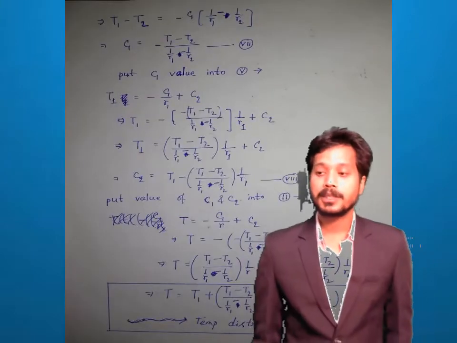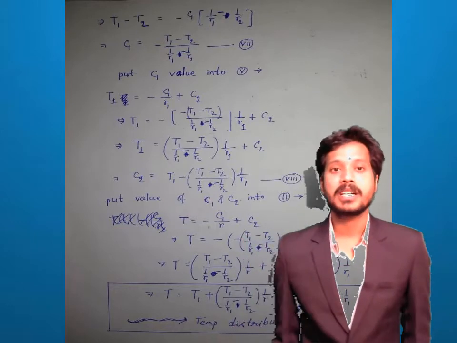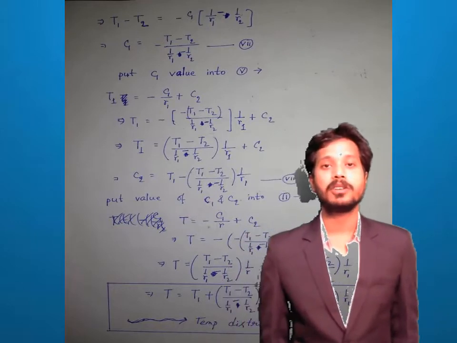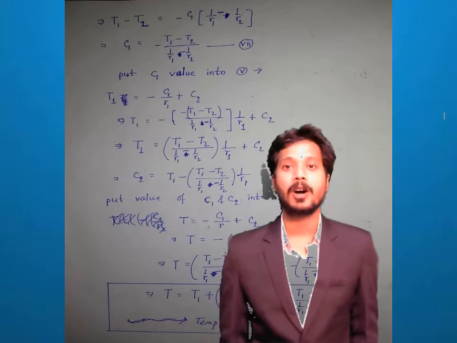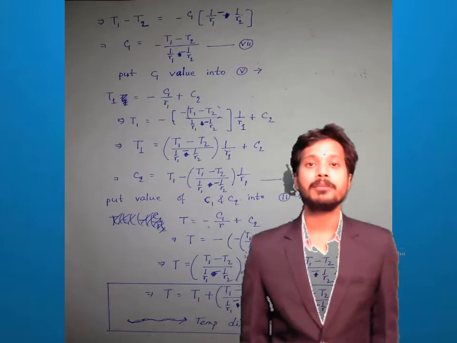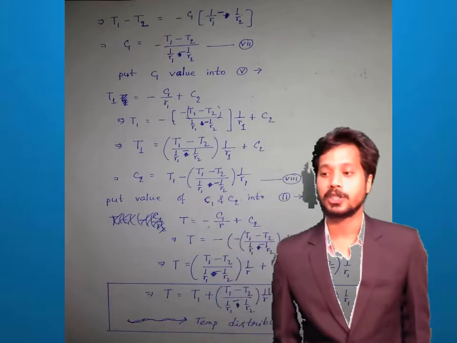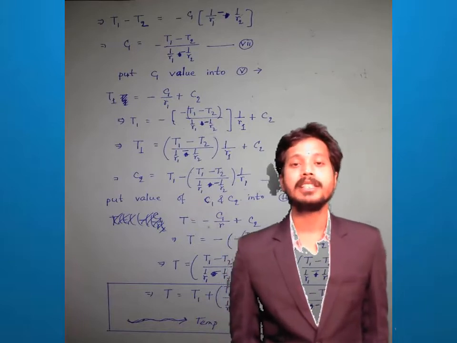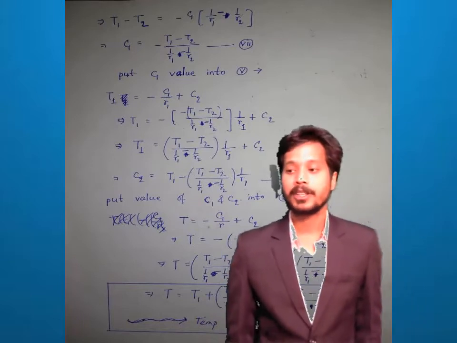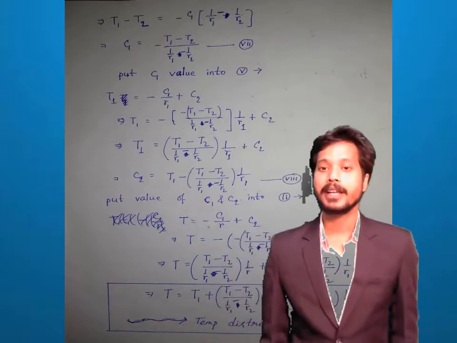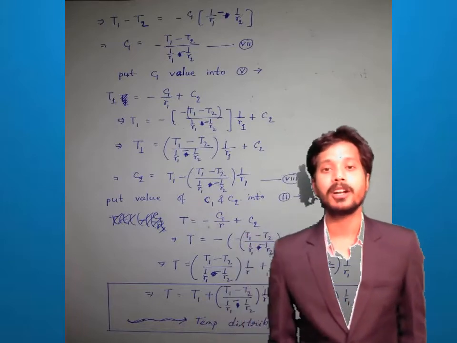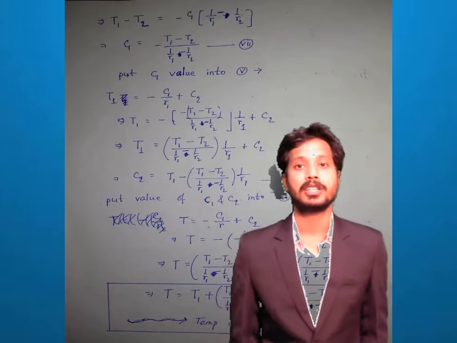Next, T1 minus T2 equals, now we take minus C1 common, and within bracket it comes 1 by R1 minus 1 by R2. So from here we can easily calculate the value of C1. So what is the value of C1? It comes to minus (T1 minus T2) by (1 by R1 minus 1 by R2).